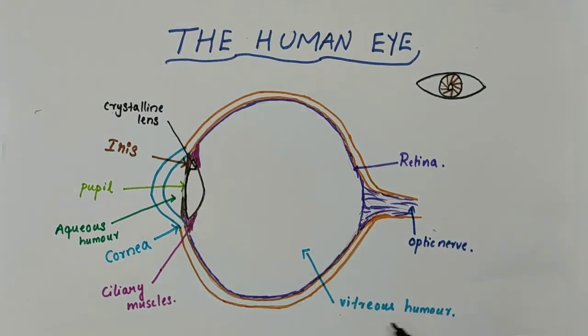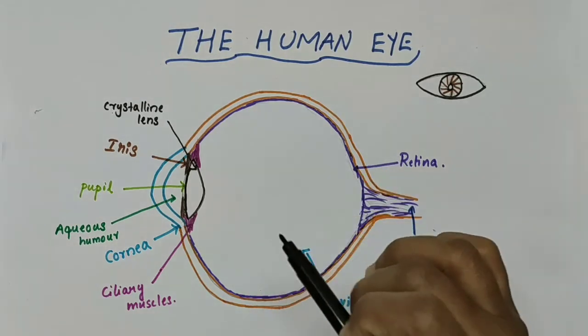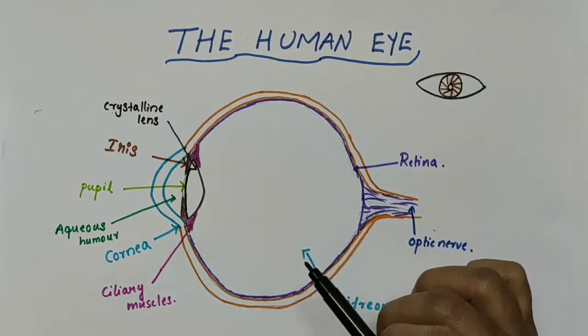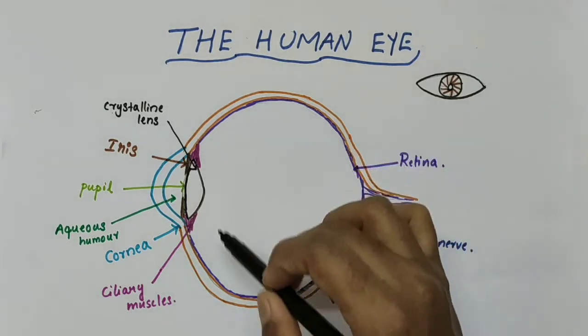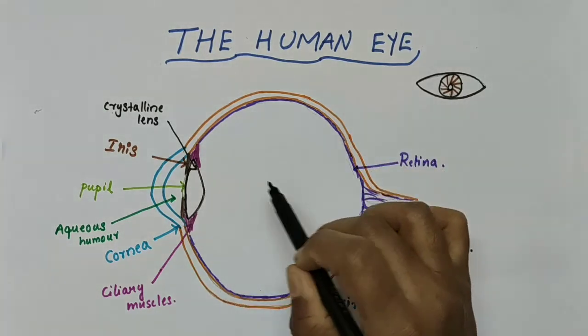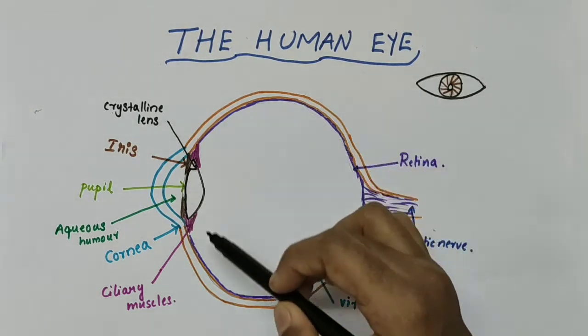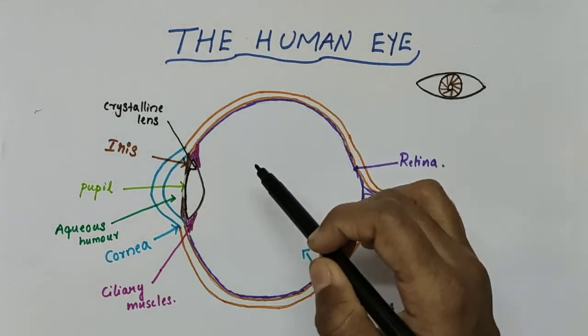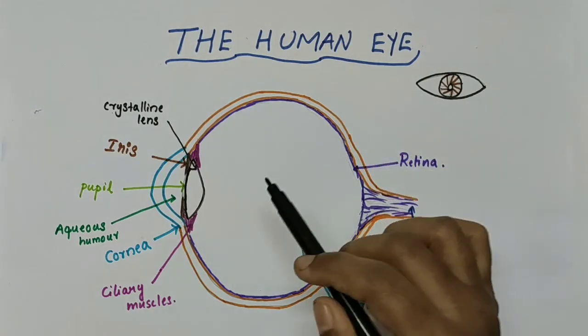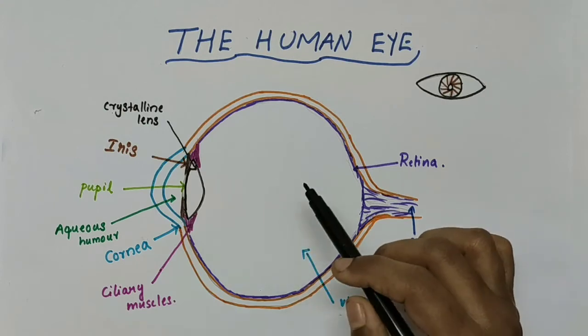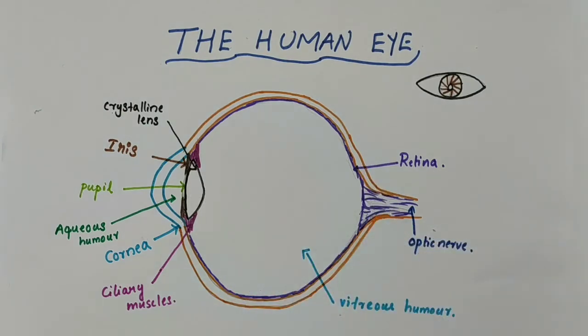The vitreous humor supports the shape of the eye, and it is transparent, so it transmits light to the retina.